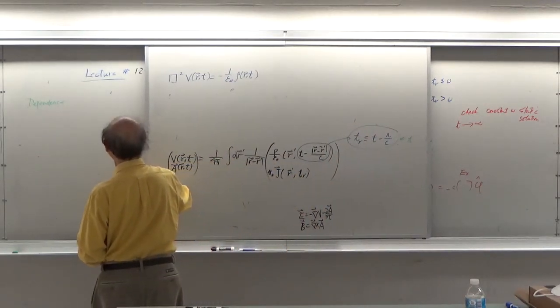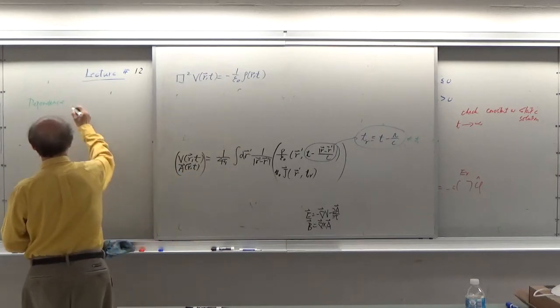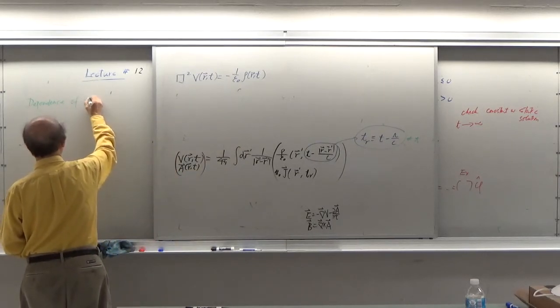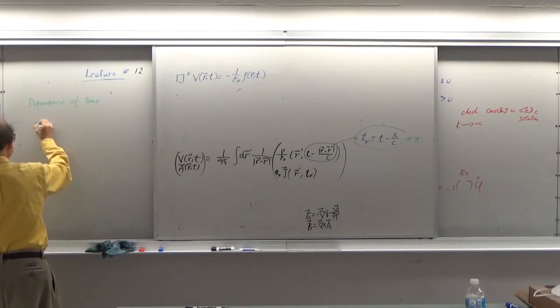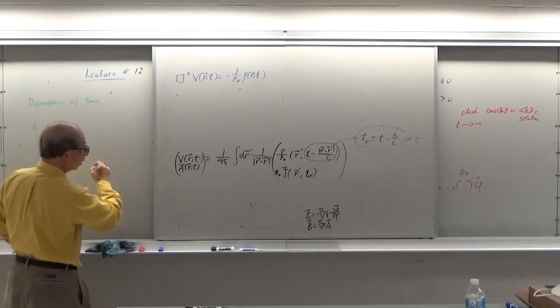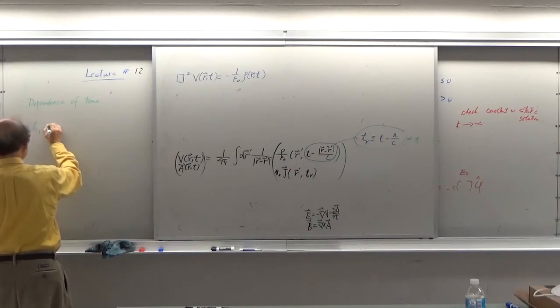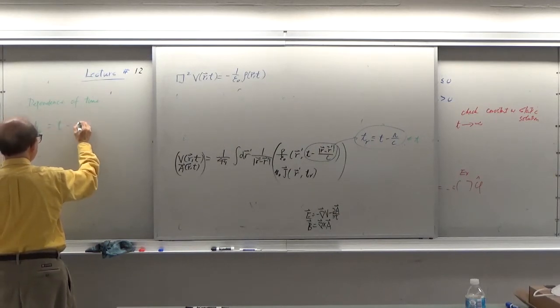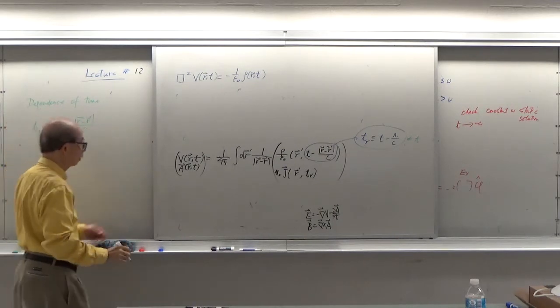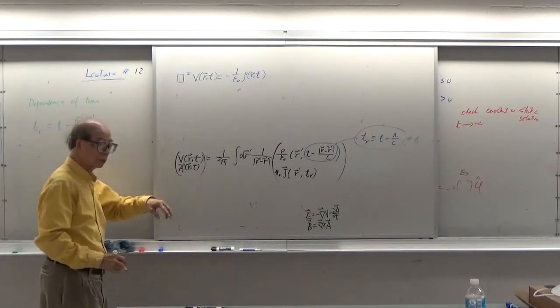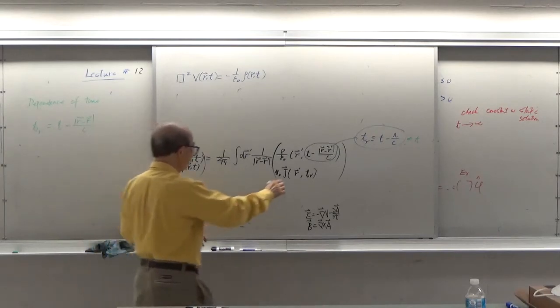All right. Dependence of time. It's given by the retarded time, t small, equal to t minus magnitude of r minus r prime over c. r prime, of course, refers to the coordinate of the sources.